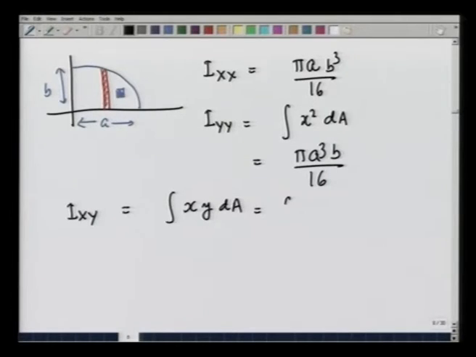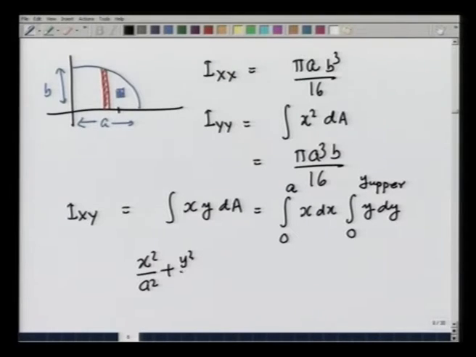And this can therefore be written as x dx y dy. x varies from 0 to a, and for any given x, y varies from 0 to y upper, where y upper is given by the equation x square by a square plus y square over b square equals 1, and that gives for any given x that y is going to be b over a square root of a square minus x square.